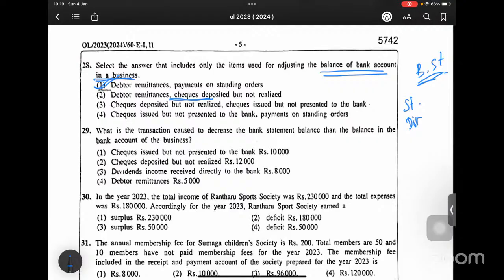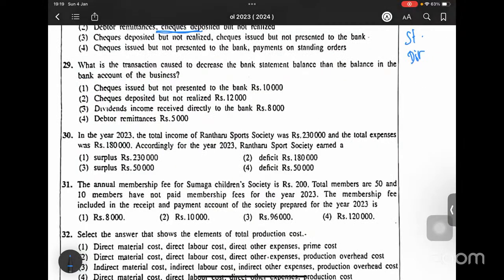When the bank statement comes, we will know that, and then we will be adjusting it in the bank account. So the first one will be the answer. Any direct remittance or any standing order payment or any bank fee. Bank fee or bank charges are the ones that we will need to adjust.